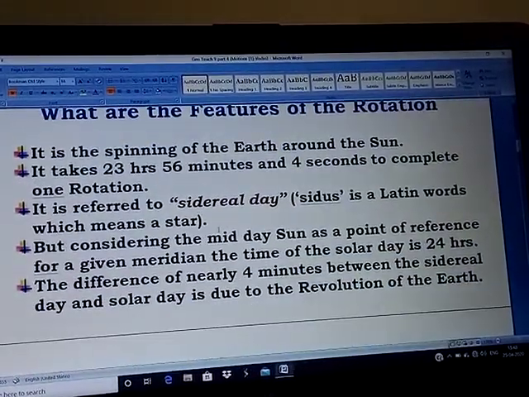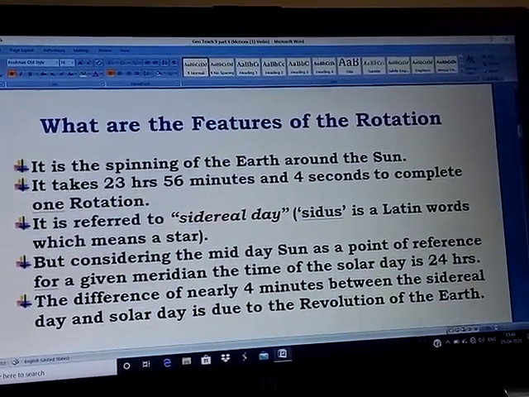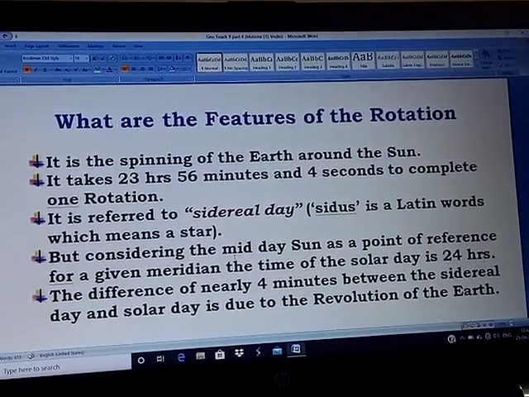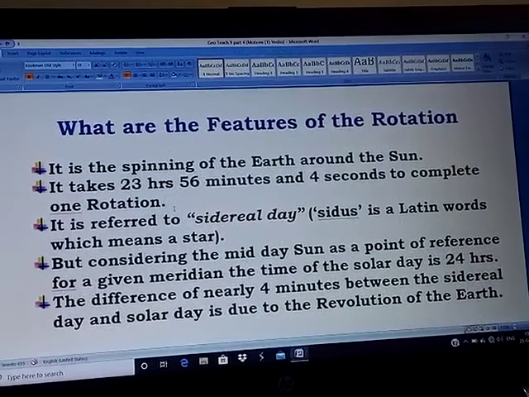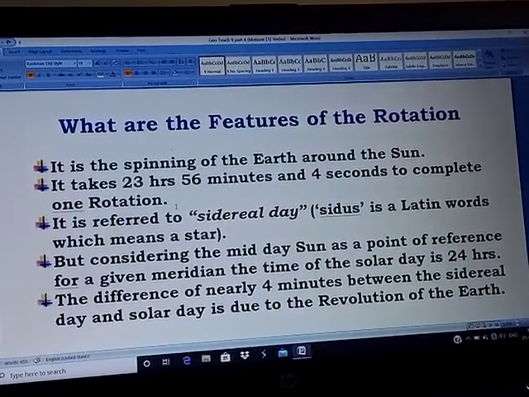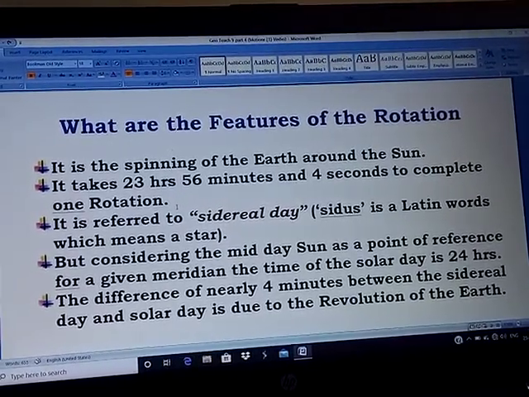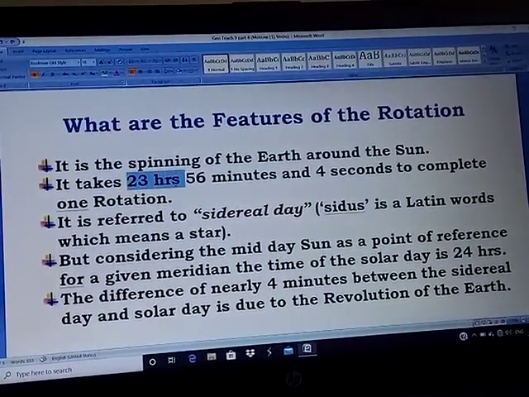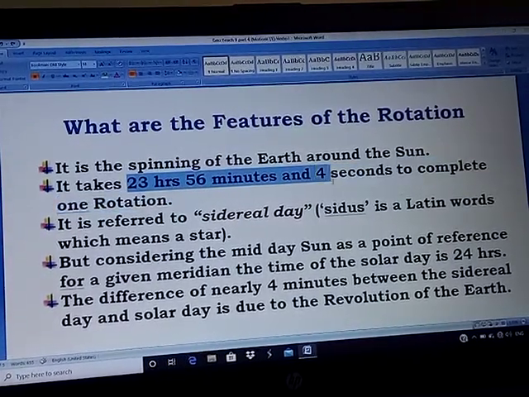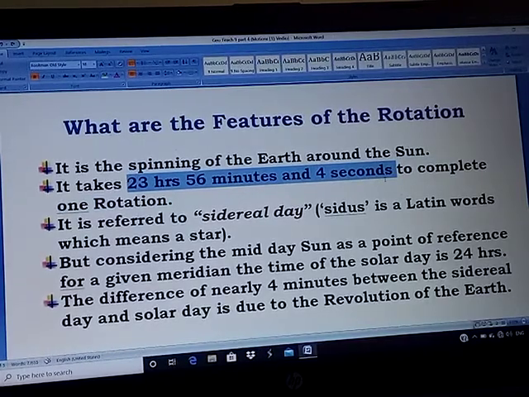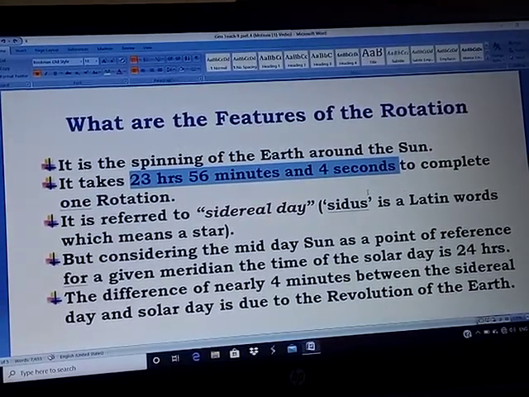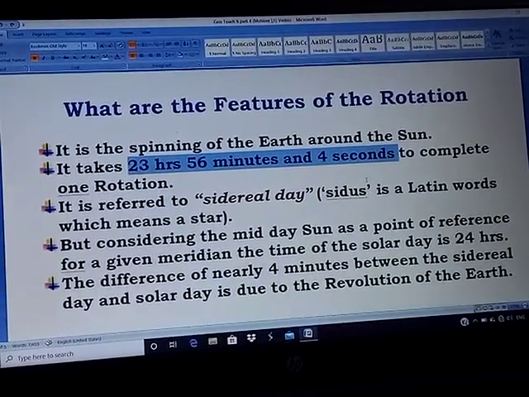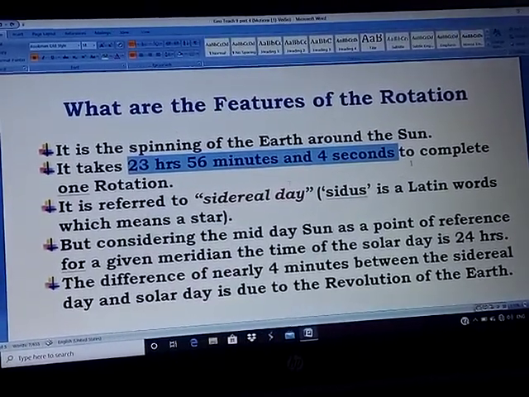Now there are some features that are associated with rotation. The first thing we should know about rotation is that it is the spinning of the earth on its axis. The time it takes is 23 hours 56 minutes and 4 seconds. A little different from what we know. We know that the earth takes 24 hours to make a complete rotation.